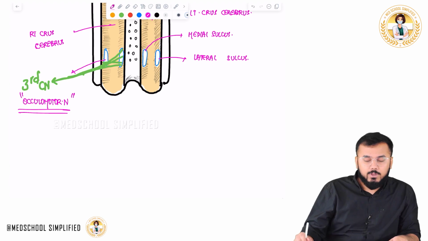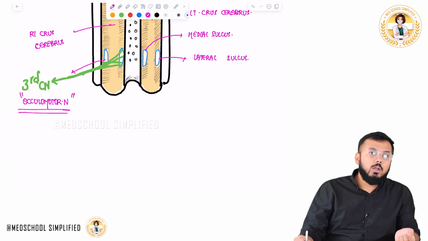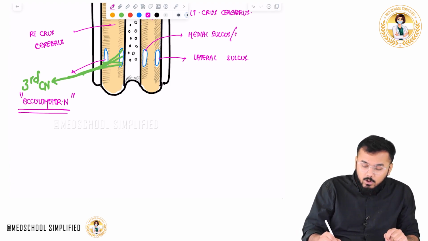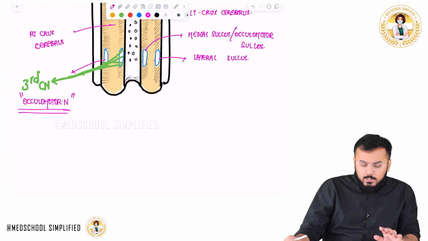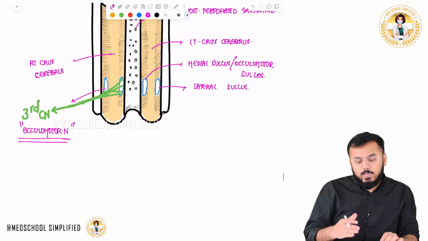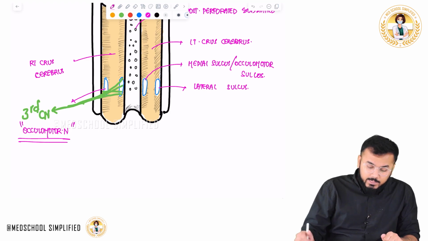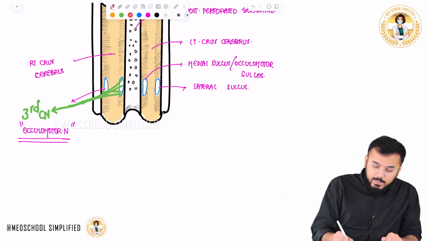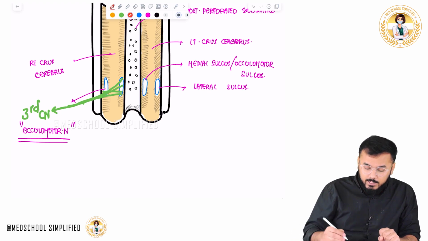That is the reason why the medial sulcus is also called the oculomotor sulcus. And even on the other side you see the oculomotor nerve coming out.